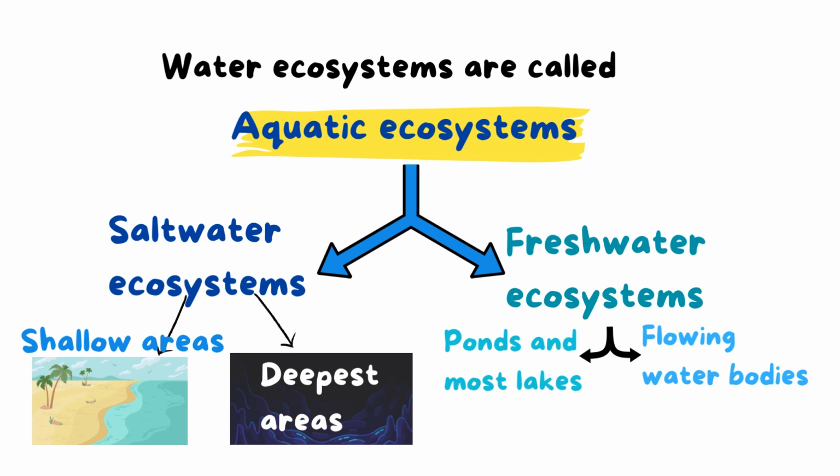Examples for the salt water ecosystems are oceans, seas, gulfs, and some lakes.